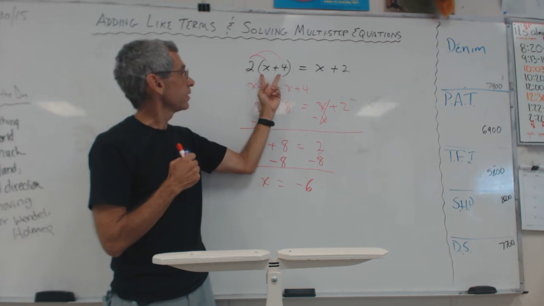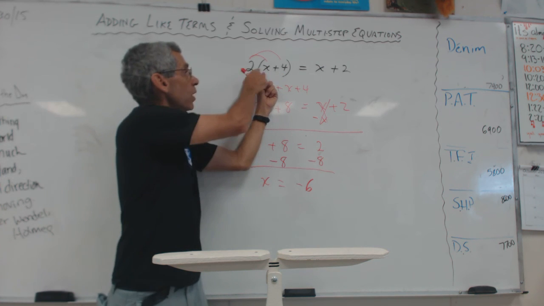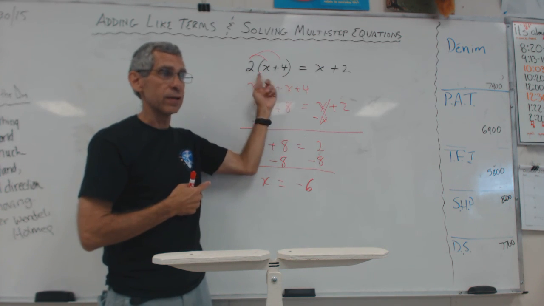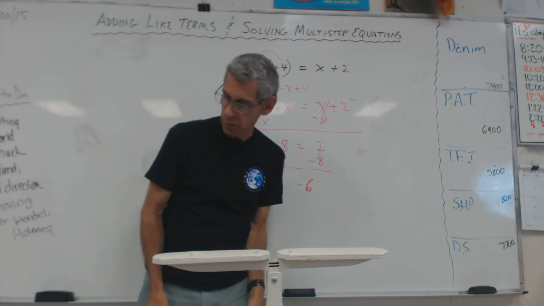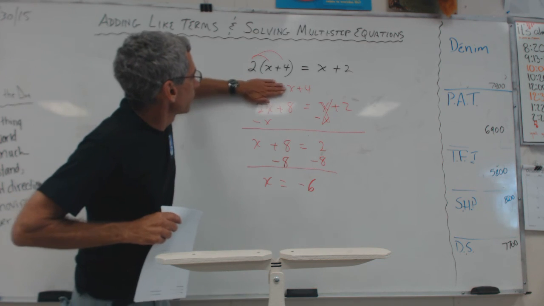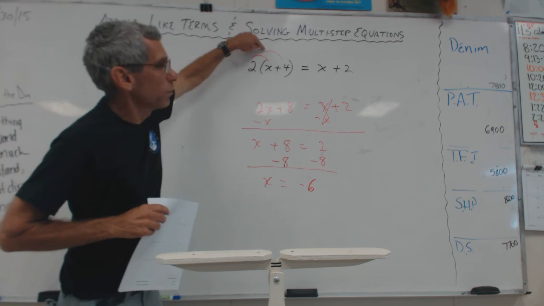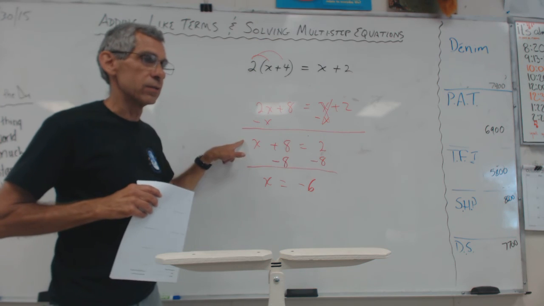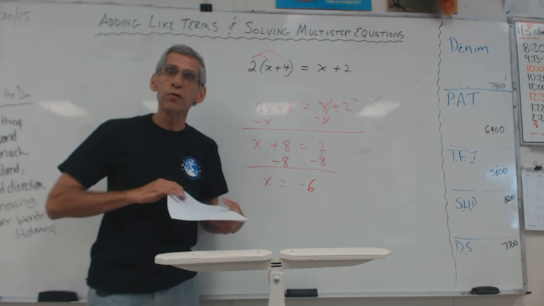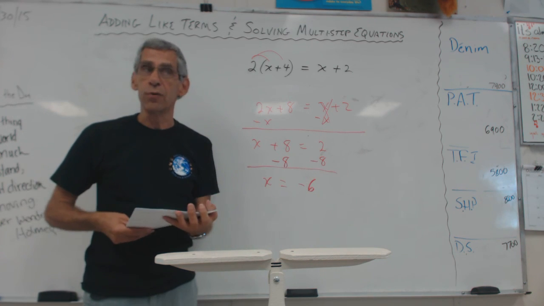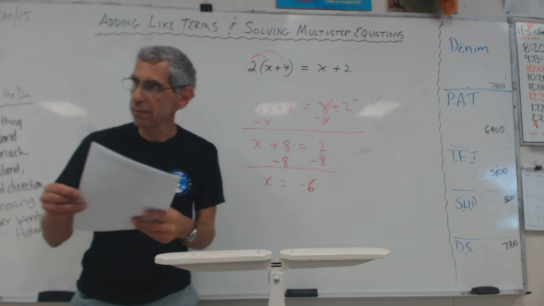They have to stay separate because that's 1x, and that says I have the number 4. You see how they're different? So you just do your distributive property, and you get this, and then you subtract your x's. First thing you always want to do is get your x's on the same side, and move the numbers around, okay?